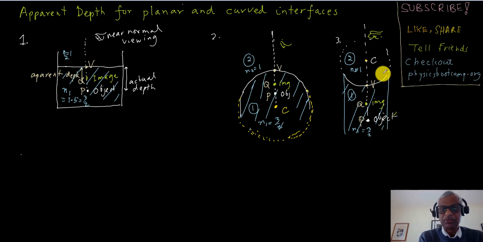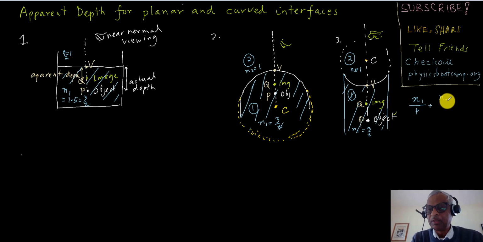The formula for these, you remember, is n1 over p plus n2 over q equals n2 minus n1 over r, where r is positive.